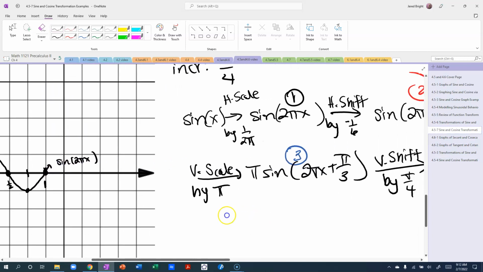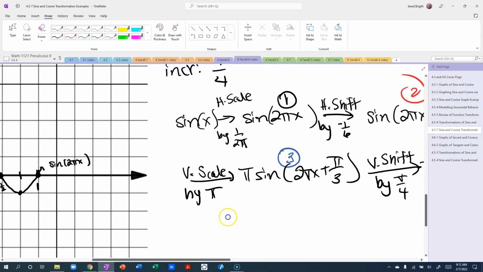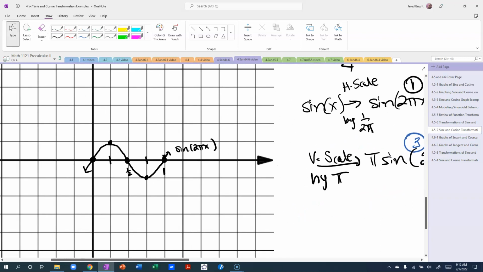Okay, next I need to shift horizontally by -1/6 units. Okay, so now this is where it gets a little wonky. So 1/6 would be, let's see, 1/4 is about half of a block. We're just going to estimate. So I'm going to shift by half a block or half a grid point horizontally.